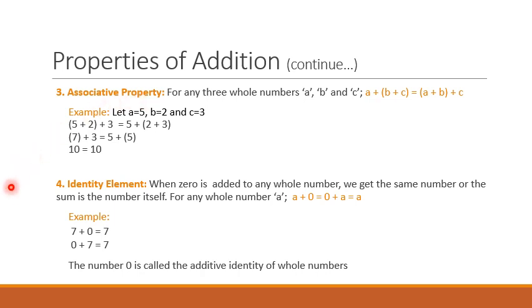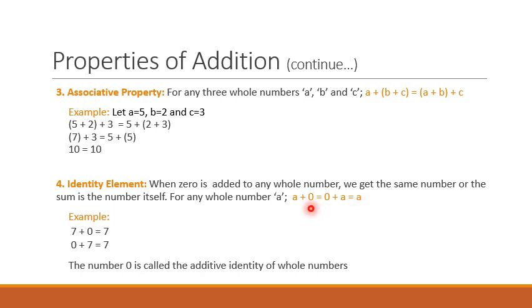Now let's see the fourth property, that is the identity element. It says that when 0 is added to any whole number, we get the same number as the sum, or the sum is the number itself. We can write, for any whole number a, a plus 0 or 0 plus a is equal to a.